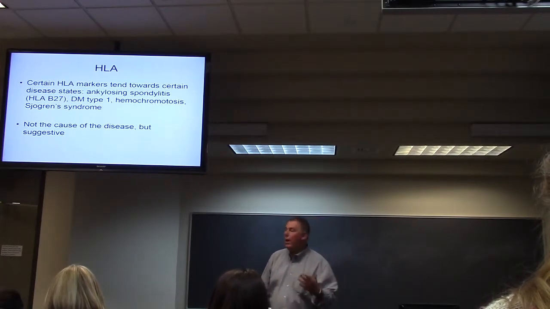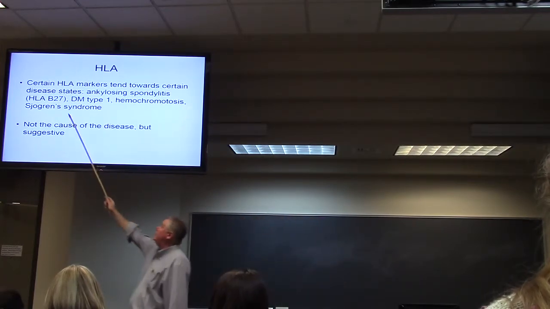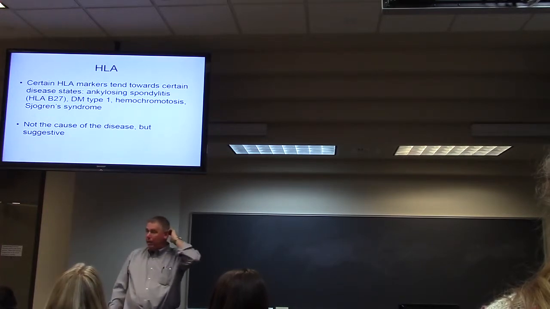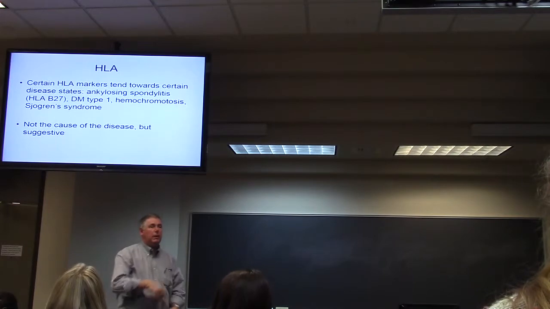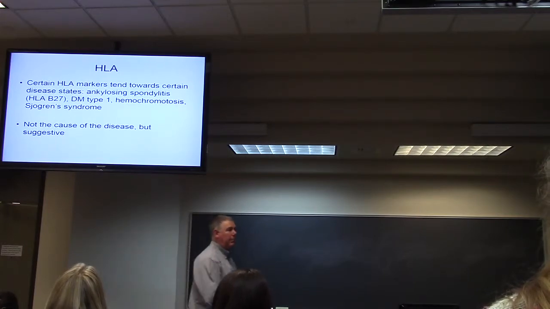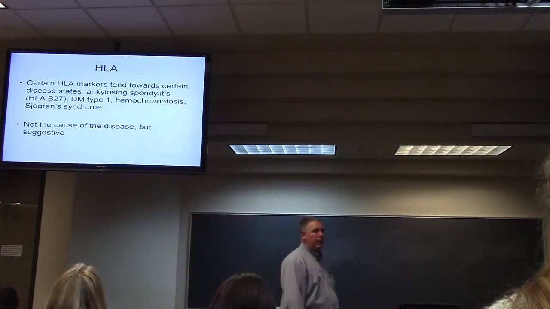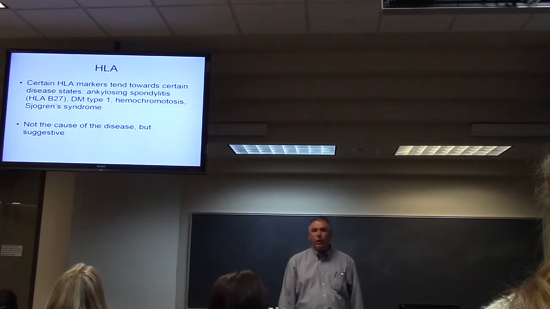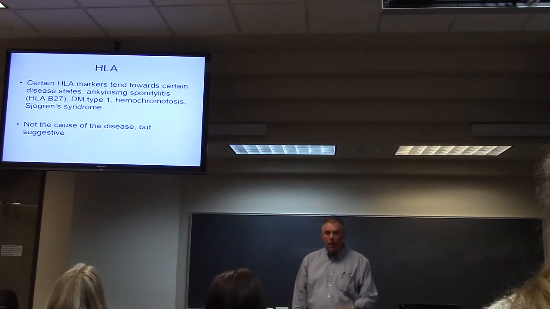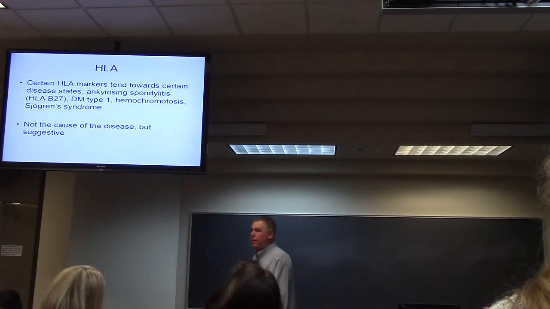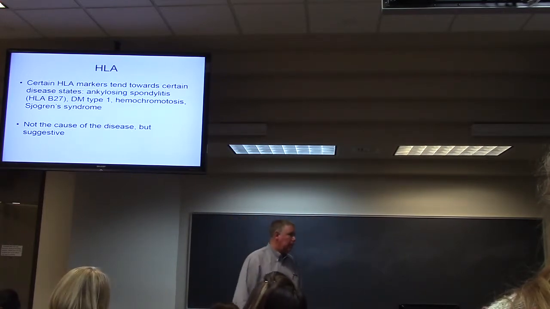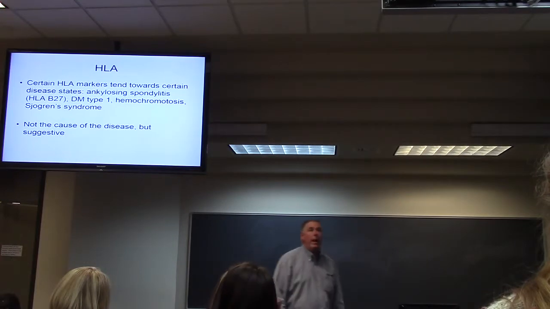So the prevalence of certain HLAs, and the pathognomonic one is HLA-B27. If somebody says you have HLA-B27, the correct answer is ankylosing spondylitis. Ta-da. That's all I want to say about HLA. You're going to see the term hanging around.